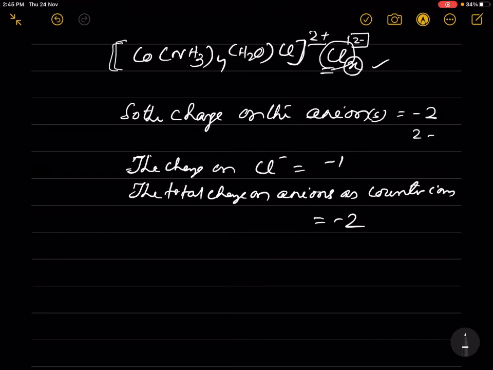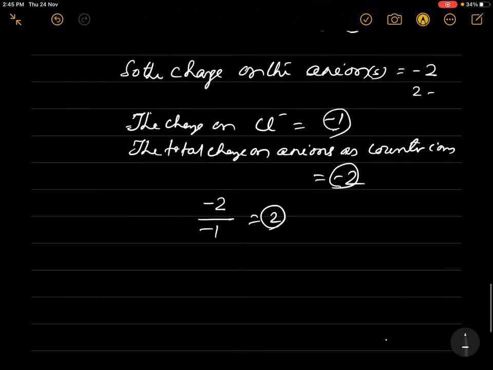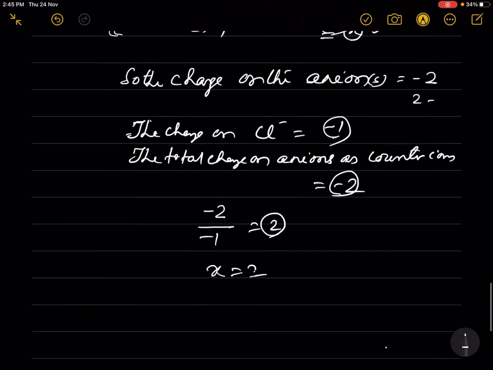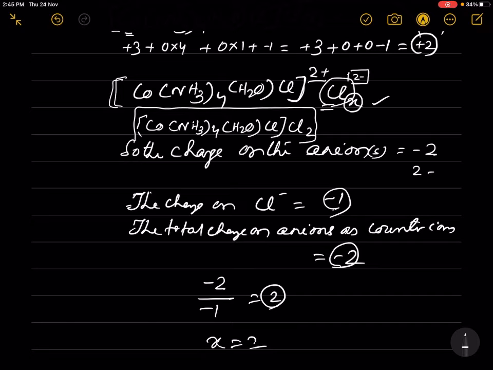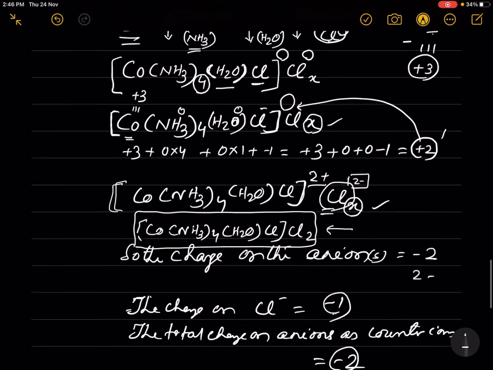When I divide minus 2 by minus 1, I get 2. So definitely X is 2. So I can write Co, NH3, water, Cl, square bracket ends, then Cl2. This is the formula of the coordination compound given here.